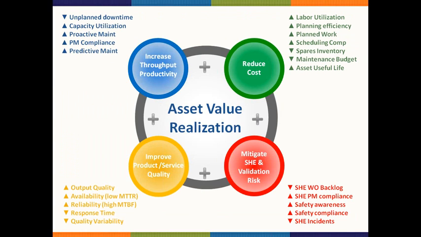They had one group of KPIs related to increasing throughput productivity, which in turn can relate to unplanned downtime, capacity utilization. Obviously capacity utilization has other pieces which are beyond the maintenance department, but nevertheless the maintenance department also plays some role in the utilization. So proactive maintenance, PM compliance, predictive maintenance. These were the 5 KPIs they felt had a direct impact on productivity.